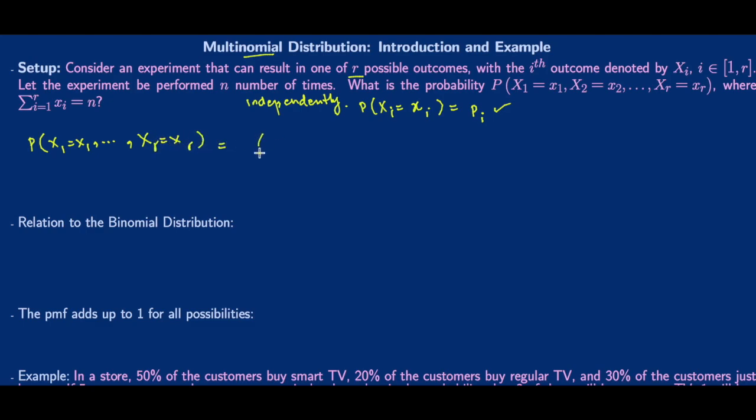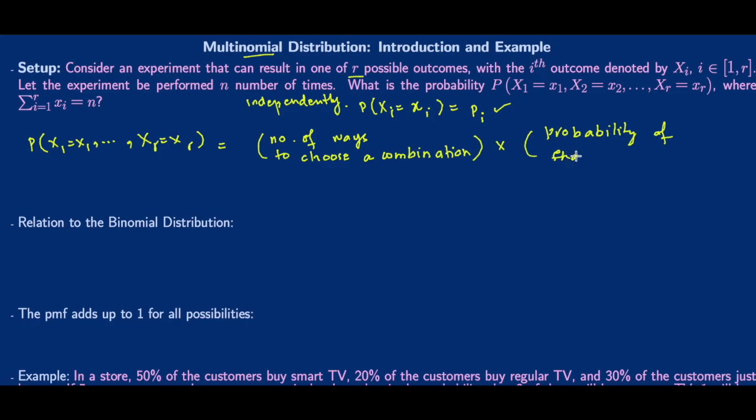This is equal to the number of ways to choose a combination, times the probability of that combination.